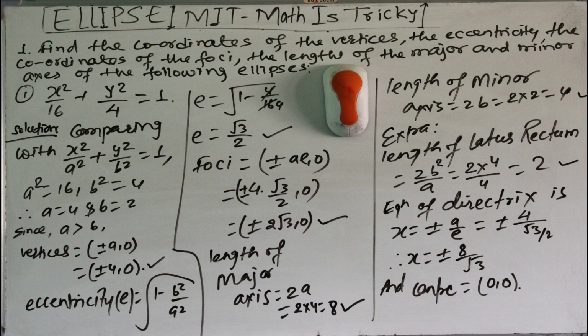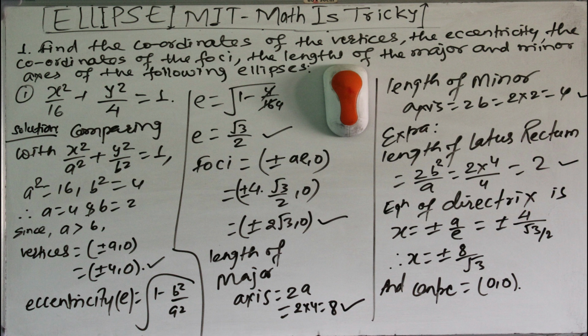Length of major axis is 2a, because a is greater, so the greater value will give the length of major axis, so it is 2a, that is 8. Now length of minor axis means twice the smaller value, so 2 into 2 will give 4. This is the length of minor axis.